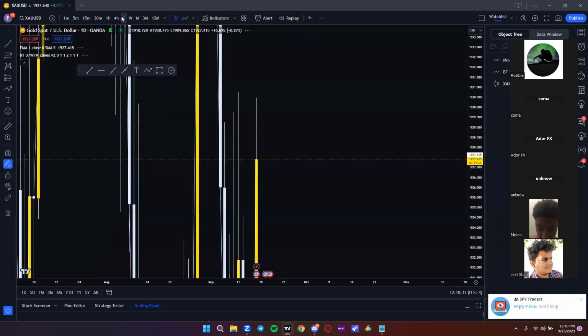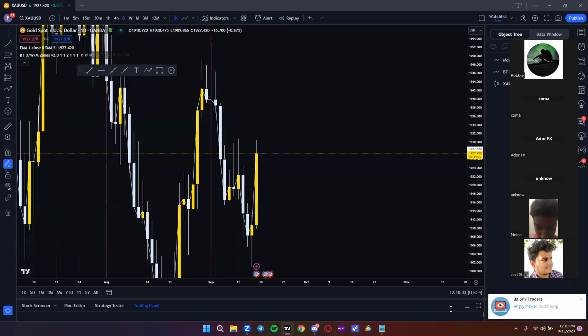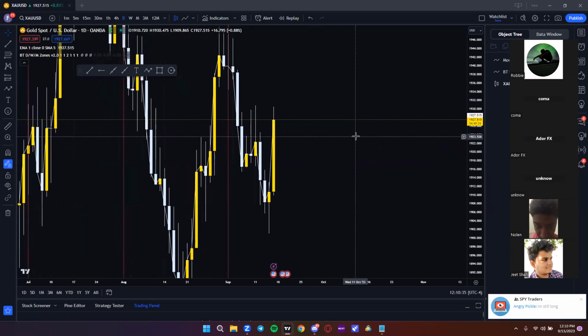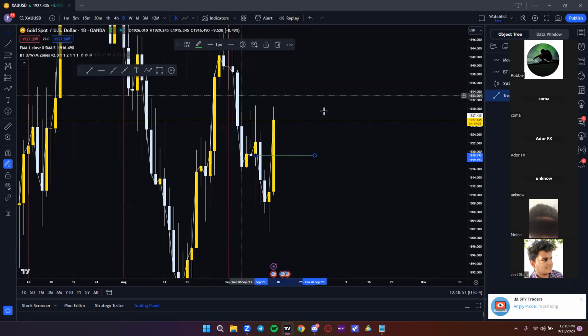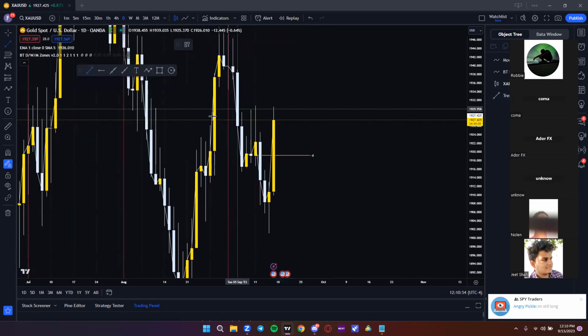So the sells today came in from a daily perspective. This is Oanda, and I initially had this level marked out right here for daily, and I had this level marked out for daily.